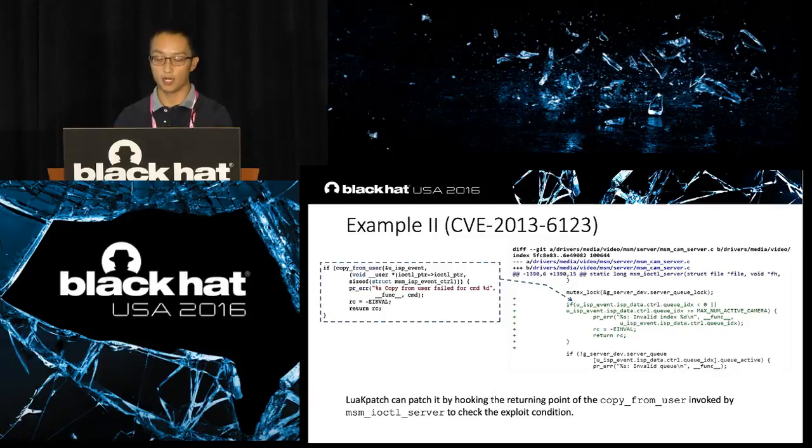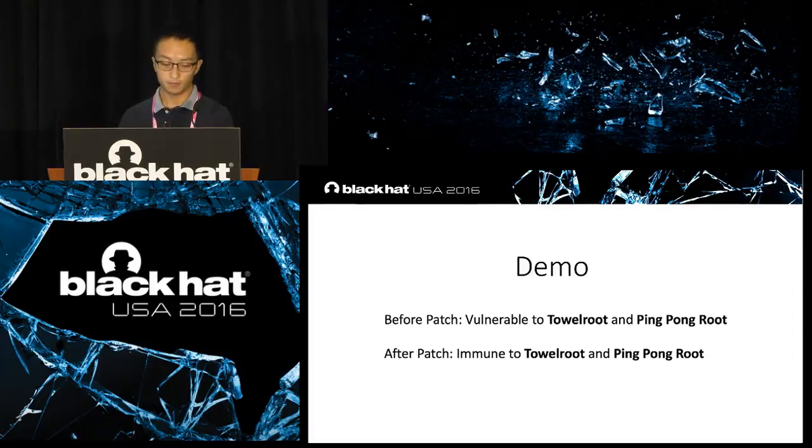This situation is quite complicated. You can see that from the right-hand side patch, it has to rely on a check on something that is obtained from the user space. So this is the second type of fix that we just described. So we have to hook copy from user to check the input from the user space as well.